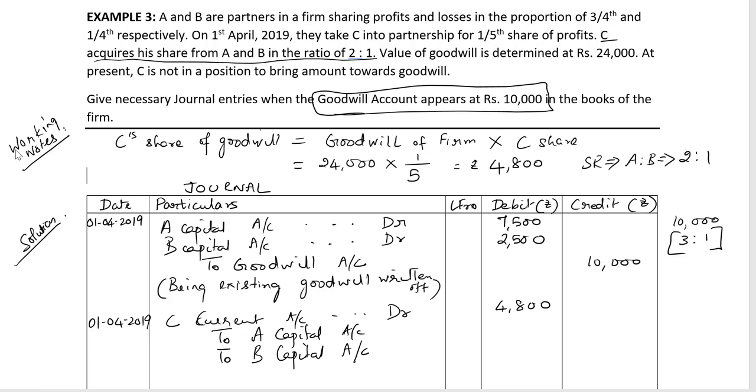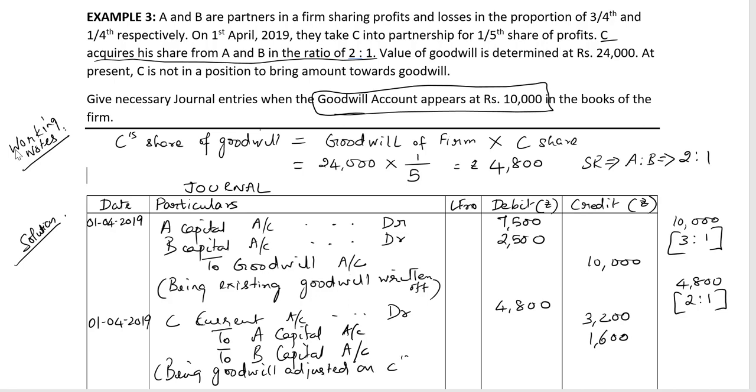The sacrificing ratio is 2:1. So 4,800 adjusted in sacrificing partners' capital accounts in the sacrificing ratio. So that's 1,600 against B and 3,200 against A. Narration being goodwill adjusted on C's admission.